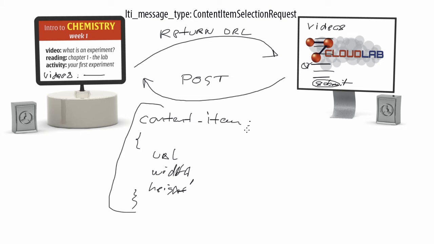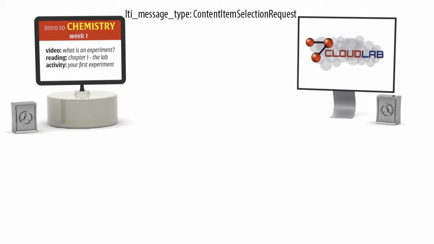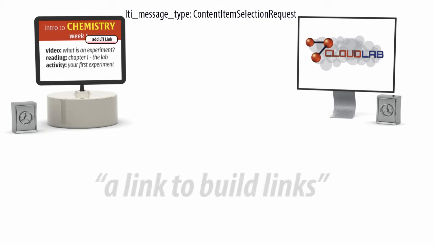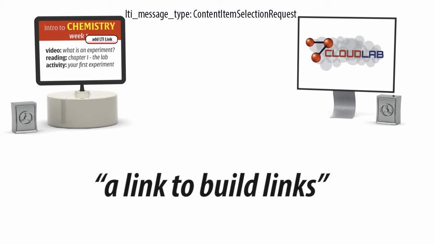So that's for simple resources like video, but where it becomes very valuable is that you can use this interaction to return not images or videos or documents to upload, but you can also return information to create a new LTI link. And if you remember from early on when I was explaining how you set up a resource link, I said the best thing to do on a resource link is actually to put custom parameters.